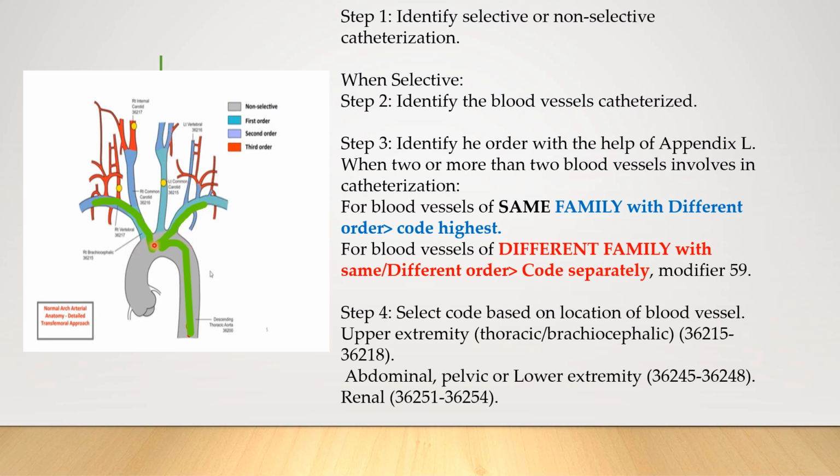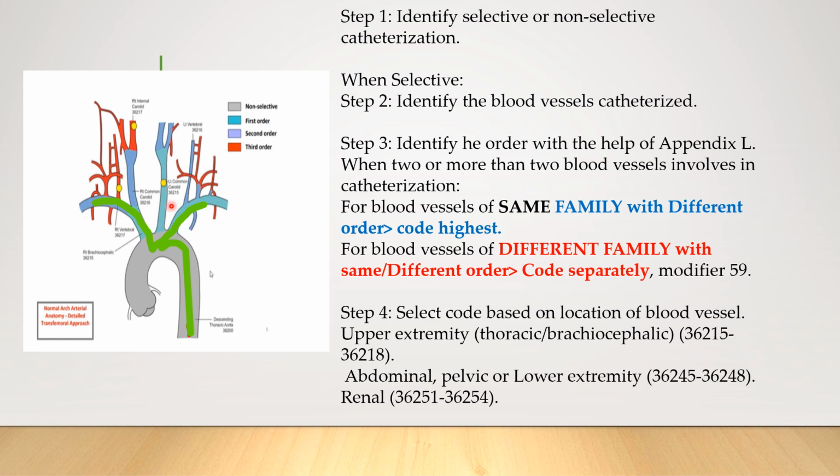If I am talking about one family and my catheter has come here, I will code the highest. But if I am talking about two different families, like this family and this family, then I'll have to code both, and I will put the modifier 59.